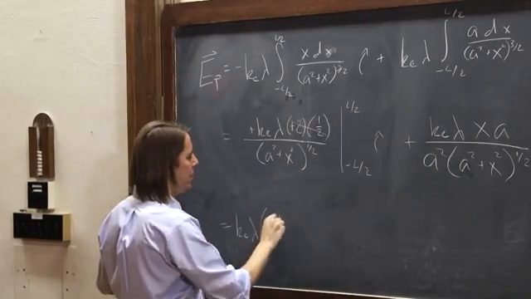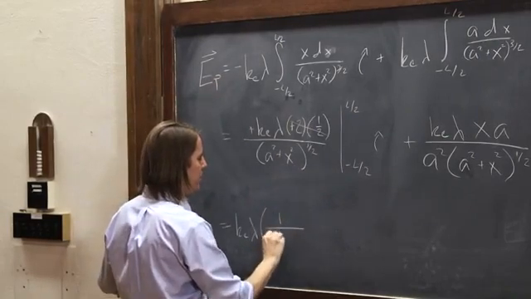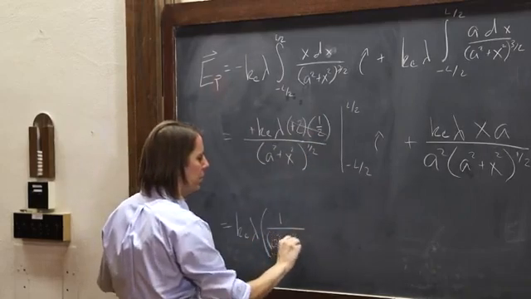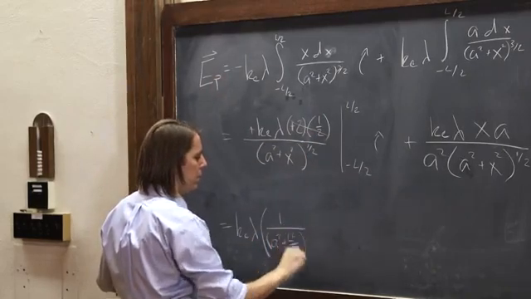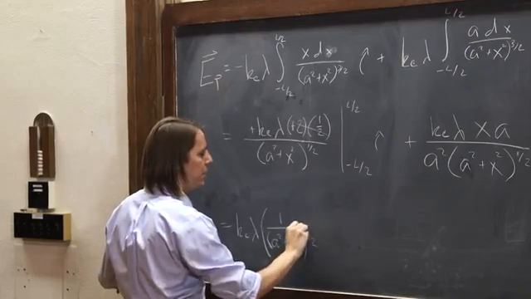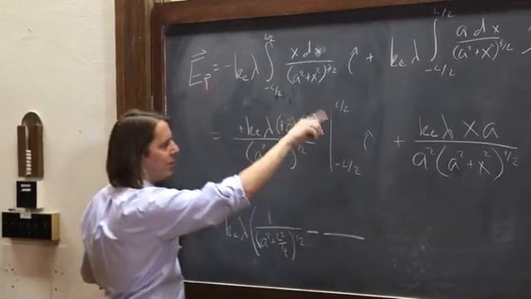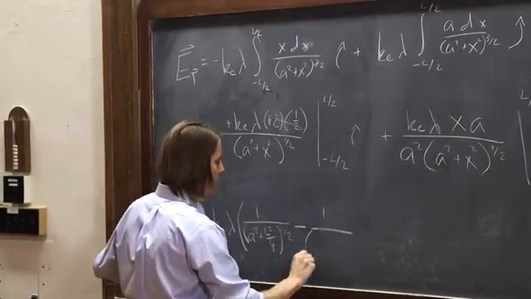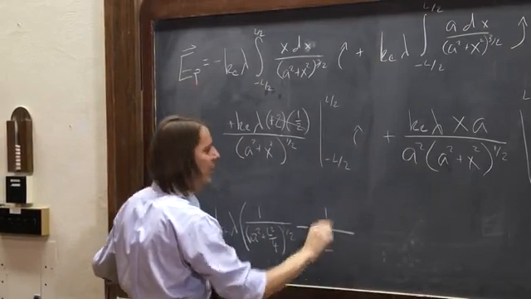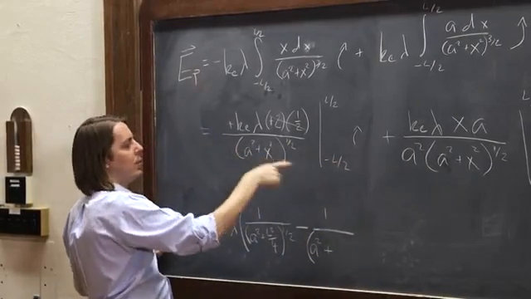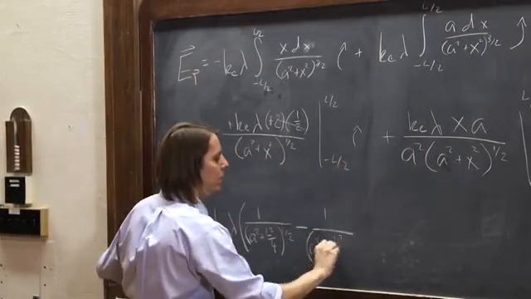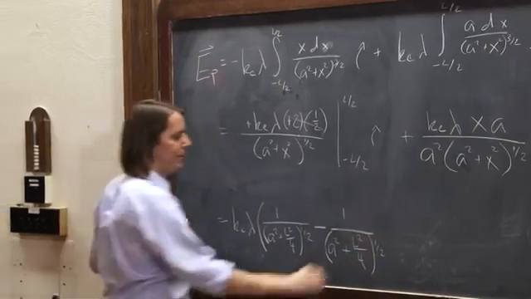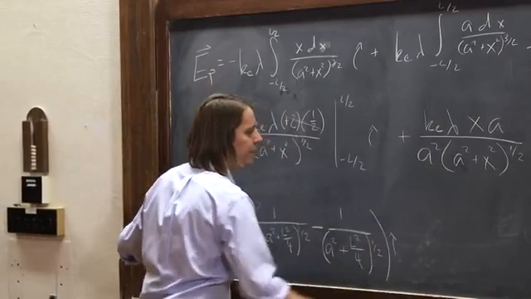So this is going to be 1 over a squared plus L squared over 4 to the 1/2, all right, minus, and then plug in minus L over 2. Okay, the k e lambda's out here, 1 over a squared plus minus L over 2 squared is again just L squared over 4 to the 1/2 on the bottom, like that, i hat. Okay.